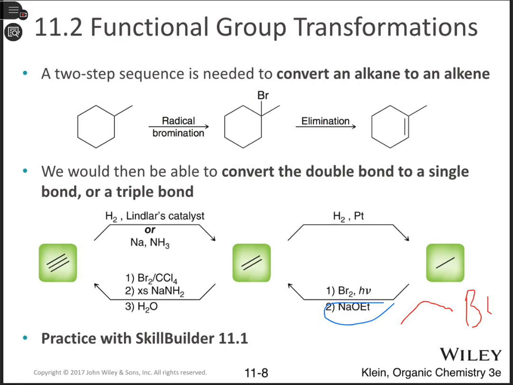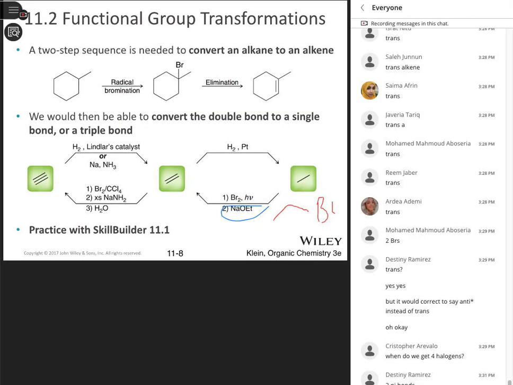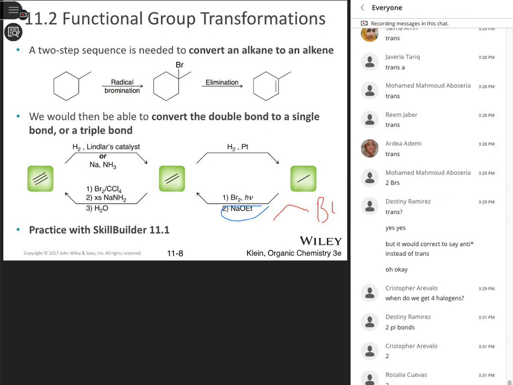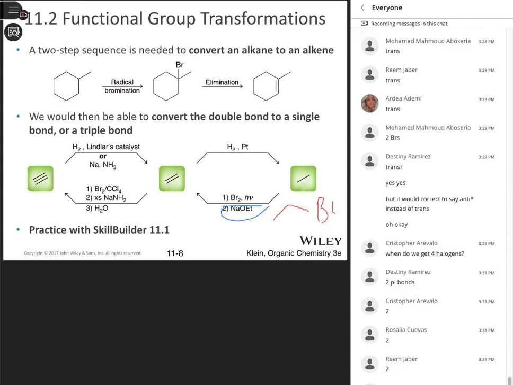Don't feel bad. What kind of reaction is going to happen? Thank you, Jimmy. It's an SN2. Why is it SN2? It's a primary substrate with a small base. You get an alkene.